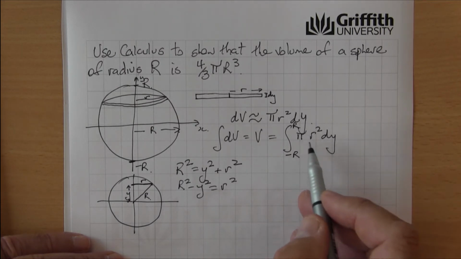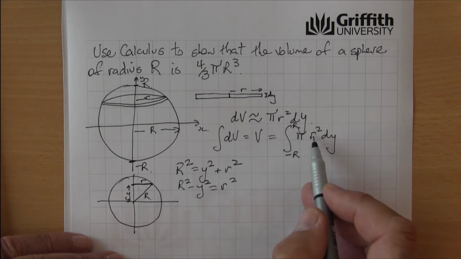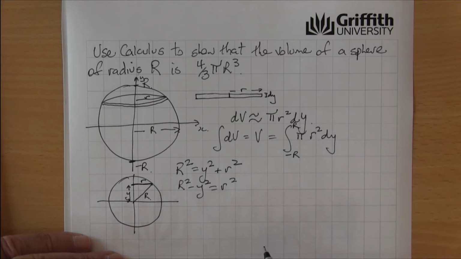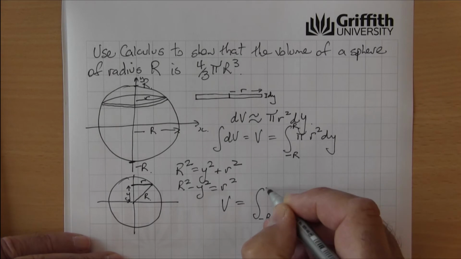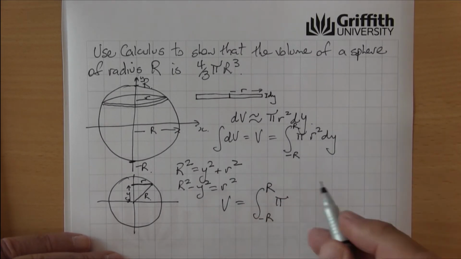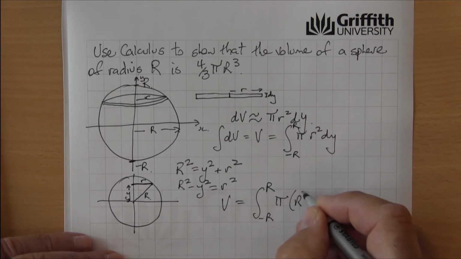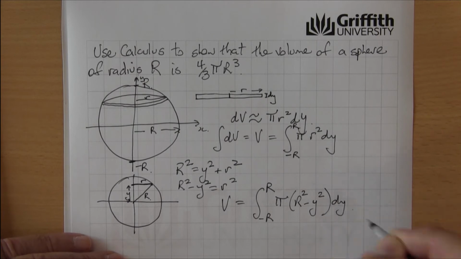So we've now been able to develop an integral that just has y's in it plus a constant, and R squared, which is also a constant. So my volume is equal to the integral from minus R to plus R of pi, r squared is equal to R squared minus y squared, dy.